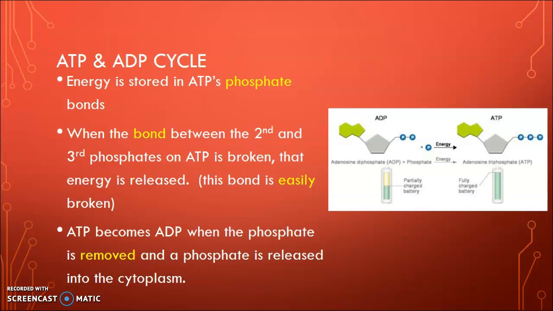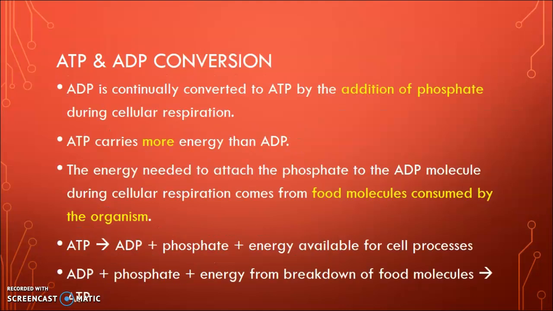There's a phosphate freely floating that can reattach to an ADP that just wants a phosphate to bond to it so it can be used in the cellular energy process, therefore completing the cycle. ADP, like I said, is continually converted by adding that phosphate. ATP carries more energy than the ADP molecule, which is why your cellular energy processes do these things.